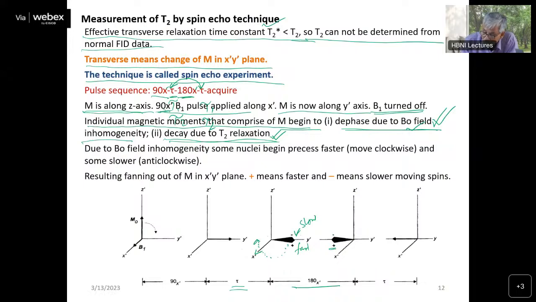Then you again give a tau time, so they move in this direction, and again they will coincide at the y-axis.